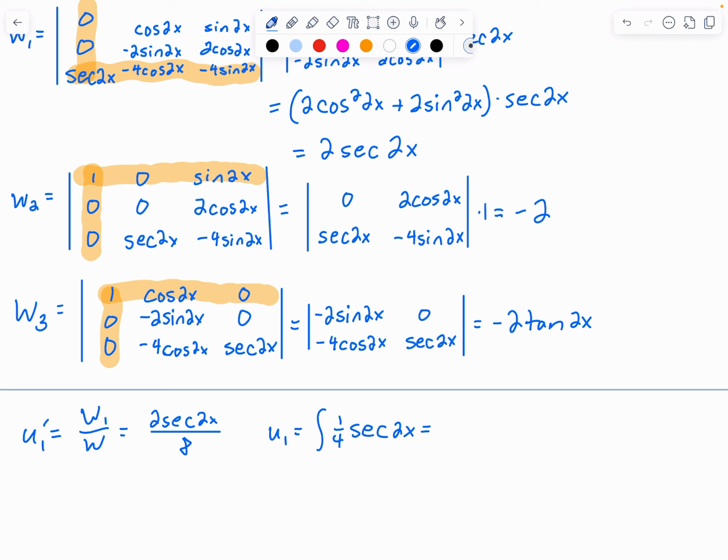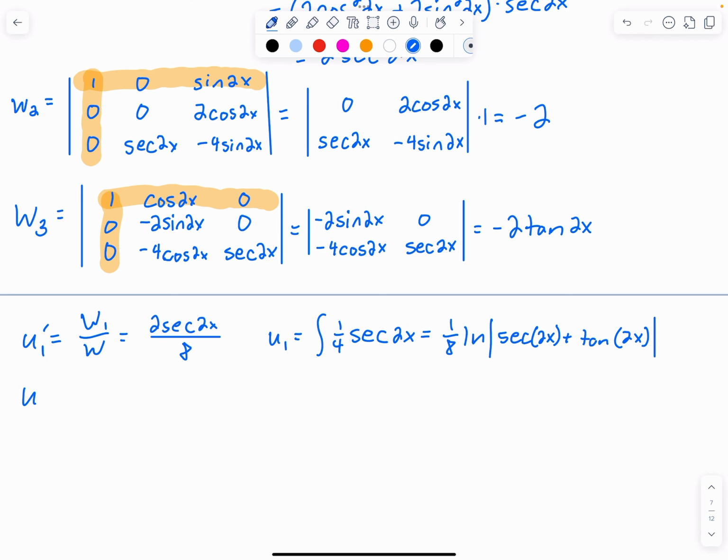I believe we already did secant x today, so I'm just going to jump to the formula. The 2 is going to produce a 1/2, so we get 1/8 ln of secant 2x plus tangent 2x. This is using the same rule that we did in the same section. If you want to do it by hand, please go back and look.